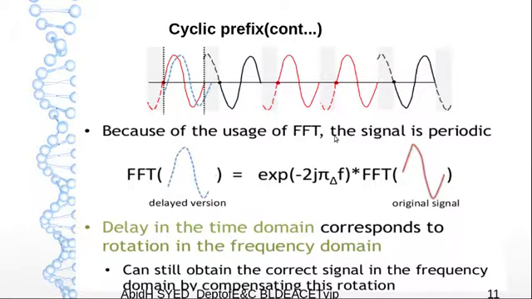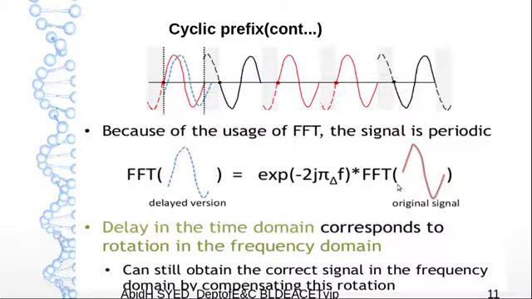So what happens when you add a cyclic prefix? By adding the cyclic prefix, we are rotating the signal in the frequency domain. That means a delayed version in the time domain. As we know from signals and systems, a delayed version of the signal in the time domain is equivalent to multiplying the Fourier transform of the same signal by an exponential, and vice versa.